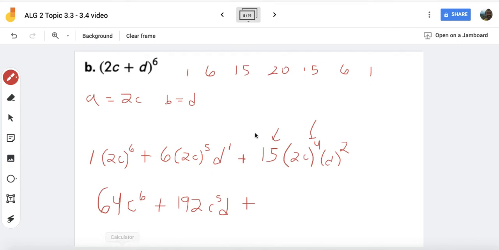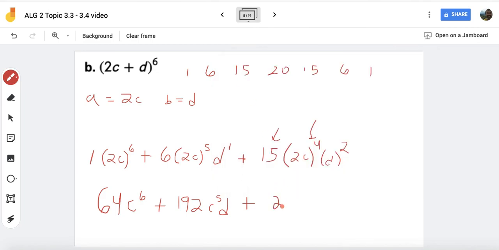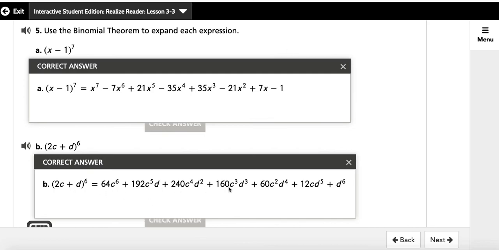No, I didn't do that right. 15 times 16 is 240. Oh, okay, good. 240. And C is to the 4th power, and the D is to the 2nd power. And it goes on and on. You should end up with an answer like this mess.